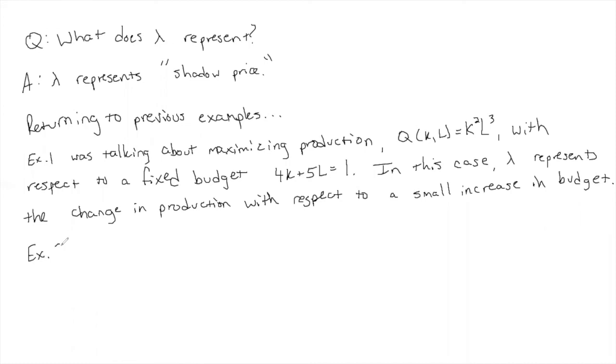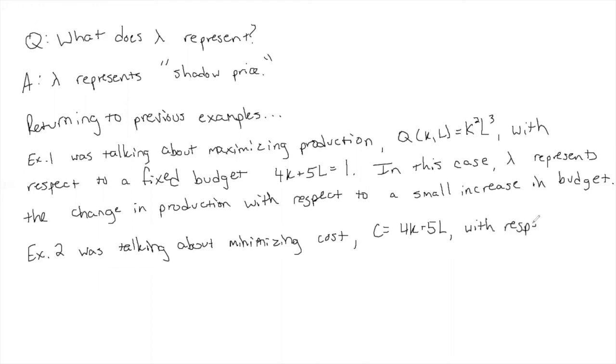So example 2 was talking about, this time, minimizing cost, which was C equals 4K plus 5L, with respect to a fixed production level, K squared L cubed equals 172,800.